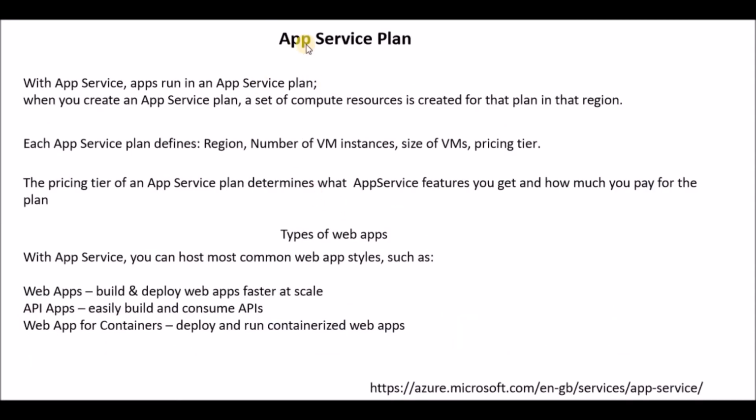So what are these app service plans? With app service plans, you can run your applications. When you create an app service plan, a set of compute resources is created for that plan in that region.